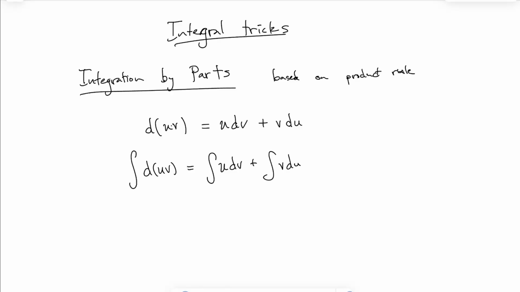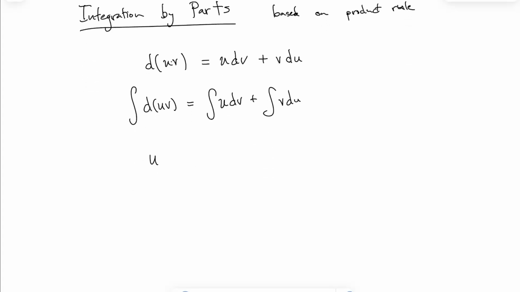On the left side, we can simplify. What is the integral of the derivative of uv? The integral cancels the derivative, right? The antiderivative and the derivative have no effect. So this is just uv equals integral u dv plus integral v du. And this is basically the integration by parts formula.